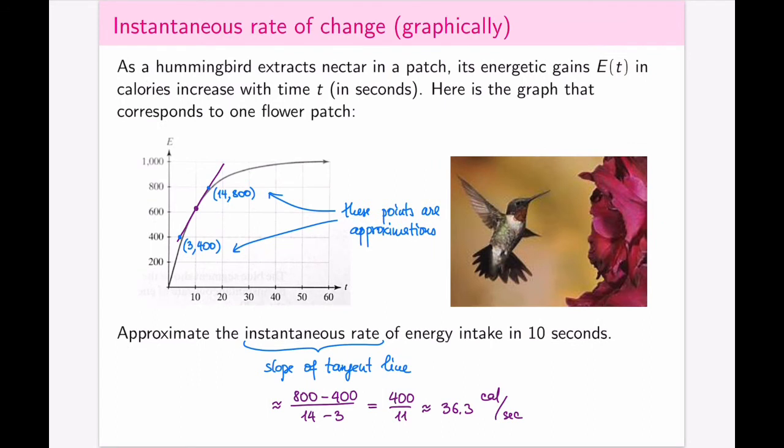Because notice that in the beginning, the intake is fairly steep, and then it starts leveling off until it becomes really quite slow. So the average will balance out the highs and the lows. Therefore, something in the middle here with a clearly steeper slope will also be bigger in number than the overall average.